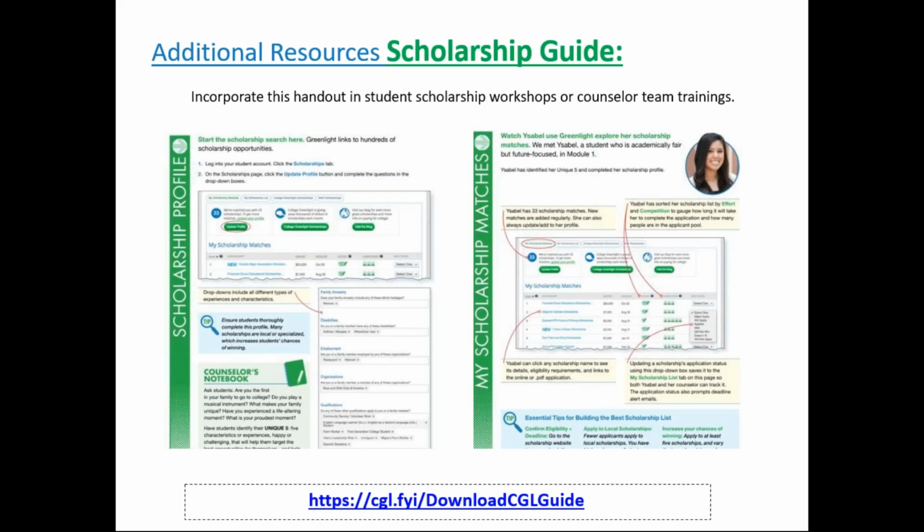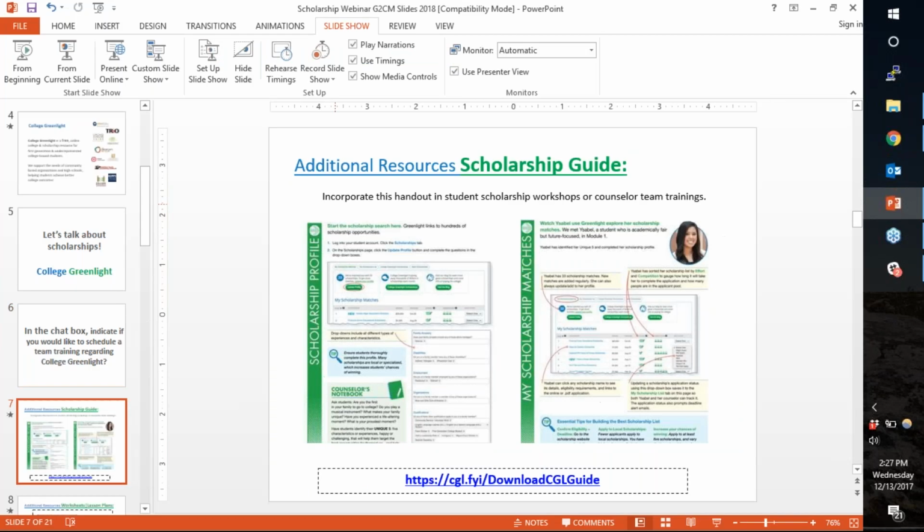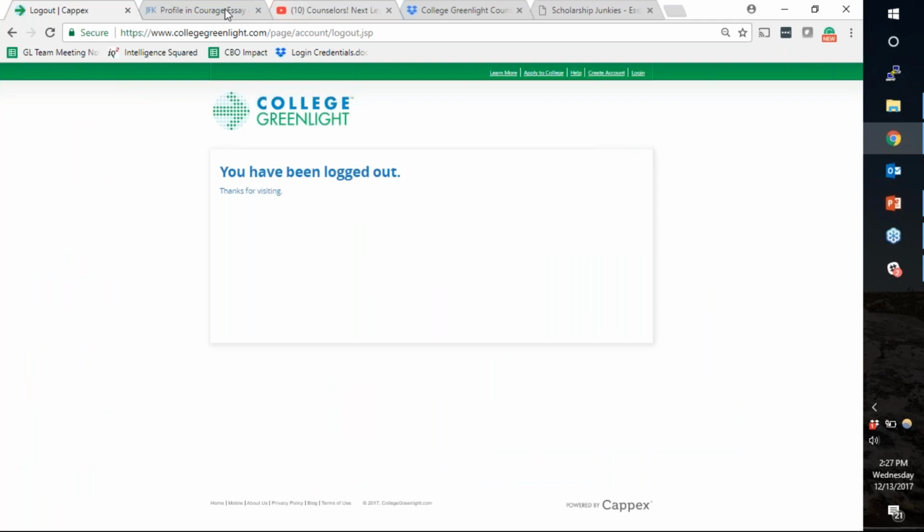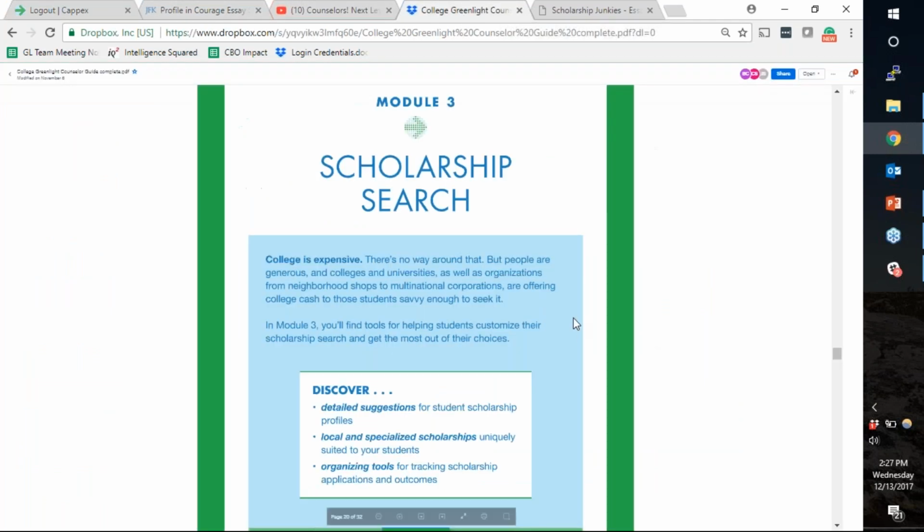In addition, we just created a scholarship guide that is specifically geared towards our students and counselors that you can print out and use as a way to help students find local and national scholarships. This would be a really great addition to your workshops with your students. I can show you a preview of what it looks like.